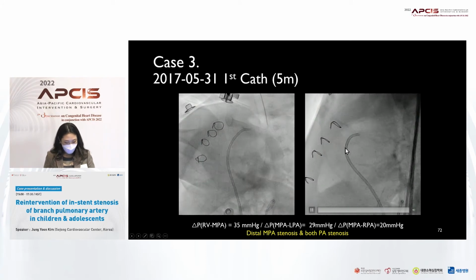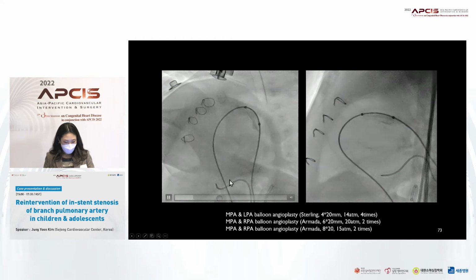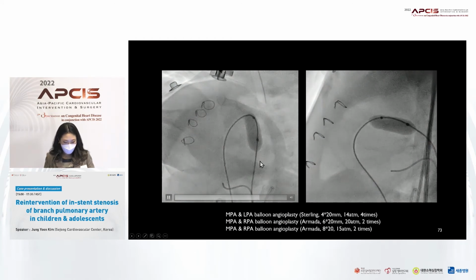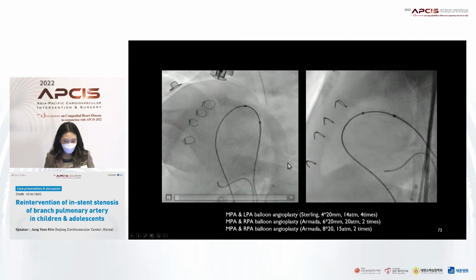So first, in case 3, the first cath was performed at the age of 5 months. PA angiogram shows distal MPA stenosis and both PA junctional stenosis. So we did multiple balloon angioplasties on the MPA to LPA using 4, 6 and 8 millimeter balloons.